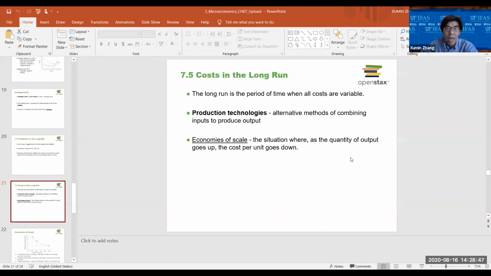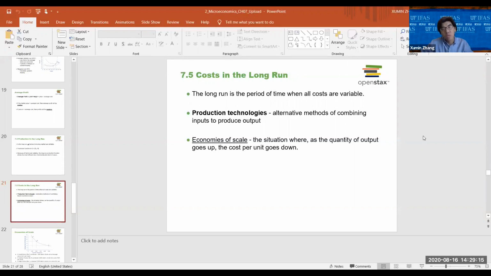For example, the technology can be changed, the labor, the capital, all can be changed. And then we are facing the so-called economies of scale. Economies of scale is the concept of whether, as the quantity of output goes up, the cost goes down, stays the same, or goes up.